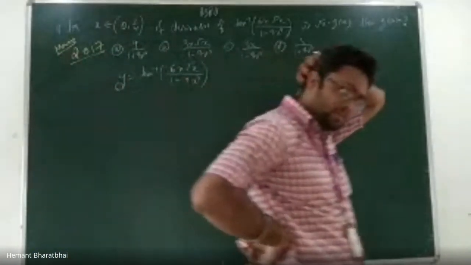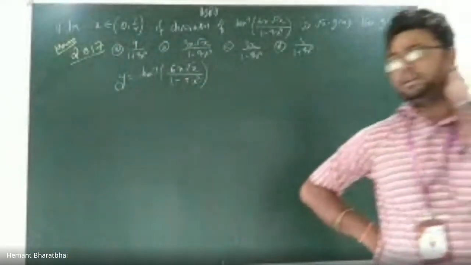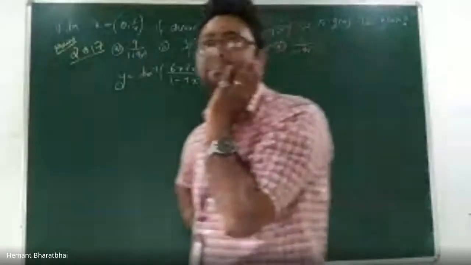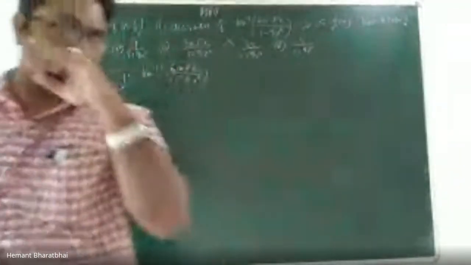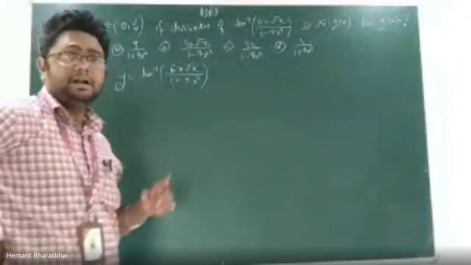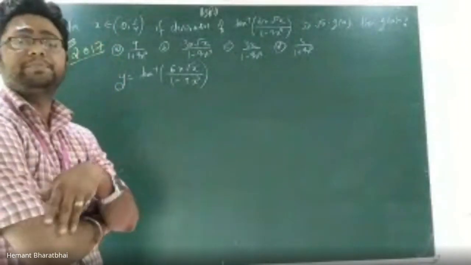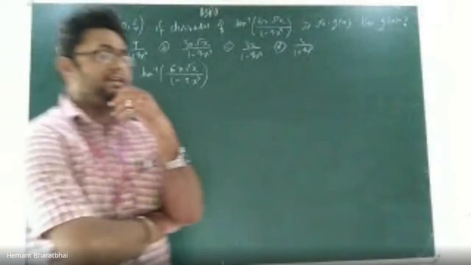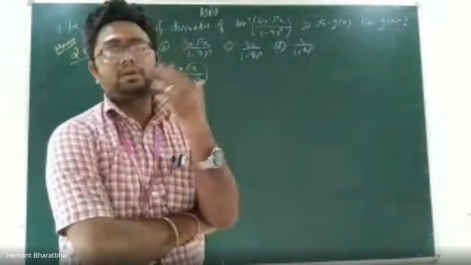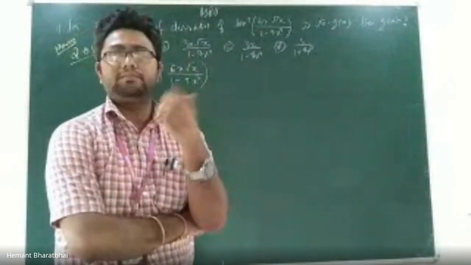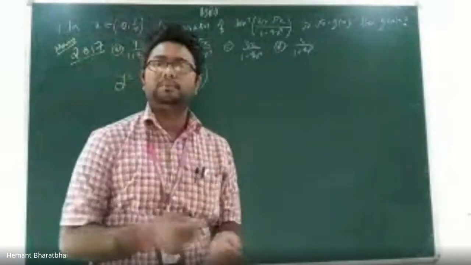Now we directly don't take the derivative. We have done a lot of numericals, and I've said that we will not directly go for solving this. And here substitution is also a little bit difficult, because when you take sine inverse, you get 1 upon under root of 1 minus x square. When you take tan inverse, you get 1 upon 1 plus x square.